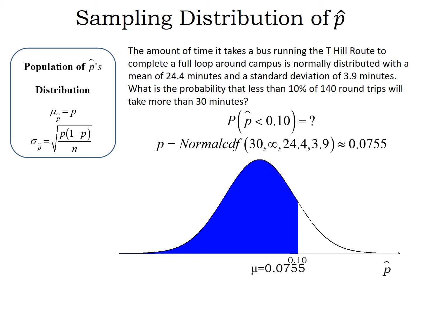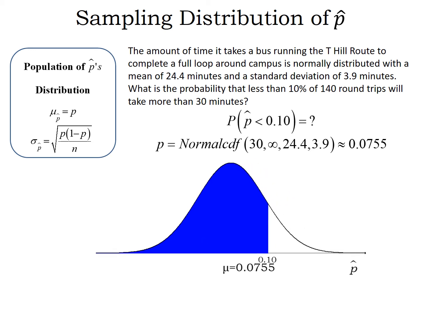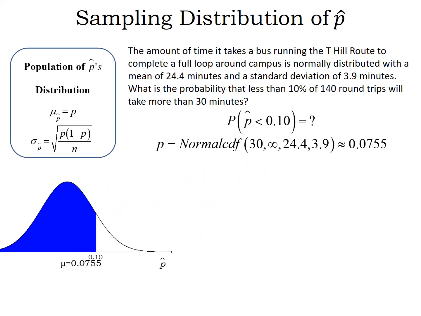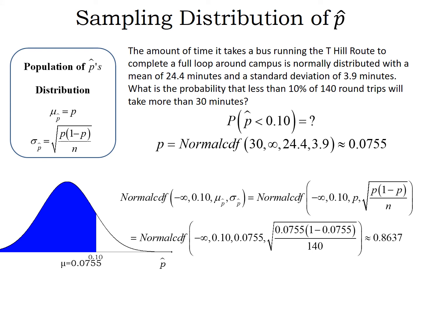So we need to do our normal CDF from negative infinity up to 0.10. We need to plug in the appropriate mean and standard deviation for P hat. And again, the mean of P hat is P. The standard deviation of P hat is that big giant square root of P times 1 minus P over N. So everywhere we see a P, we're going to plug in 0.0755.